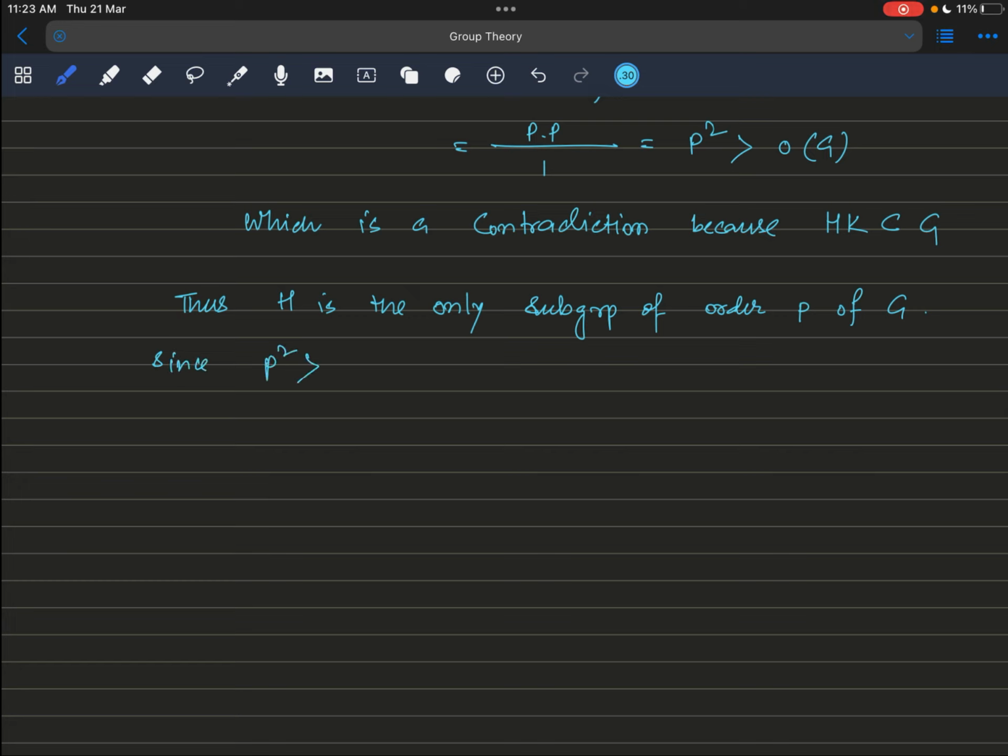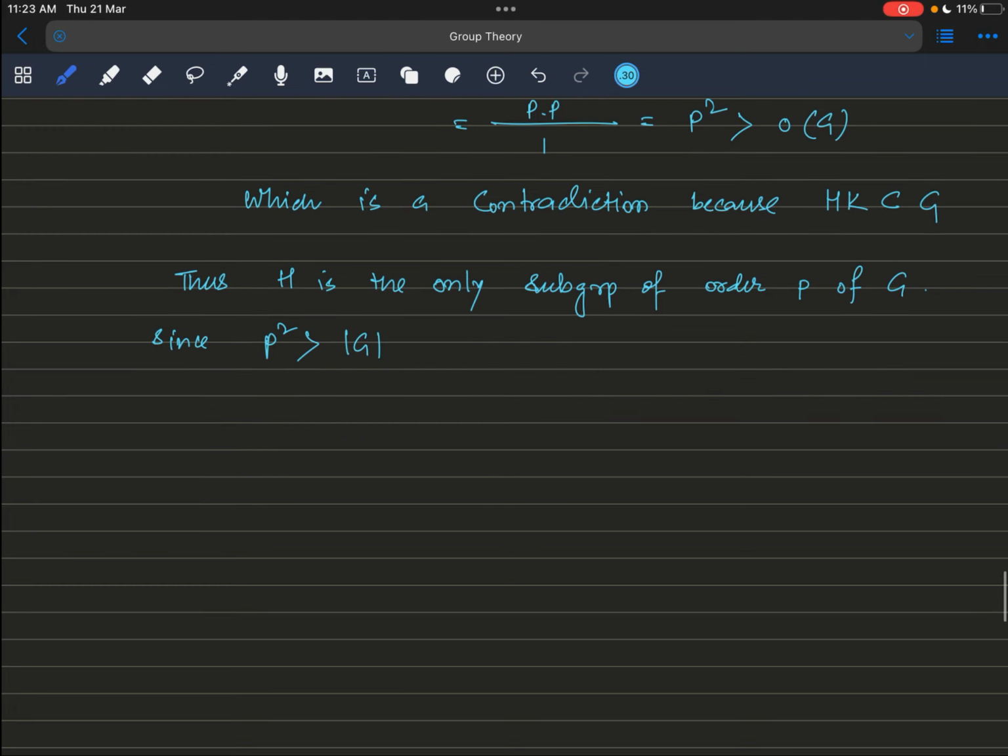p squared is greater than the order of G, we conclude that p squared does not divide the order of G. Okay.